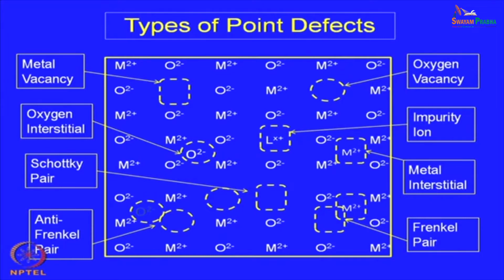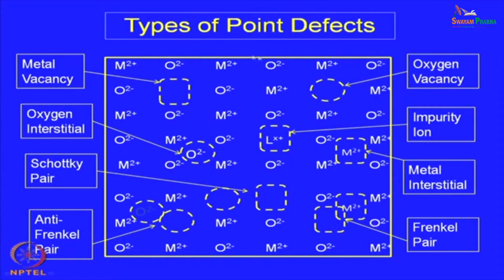So, we have an array of such divalent ions, alternate ions of metal and oxygen, which is basically a cubic arrangement, and in these lattice points there may be different kinds of distortions or deviations. We have listed quite a few of them here.